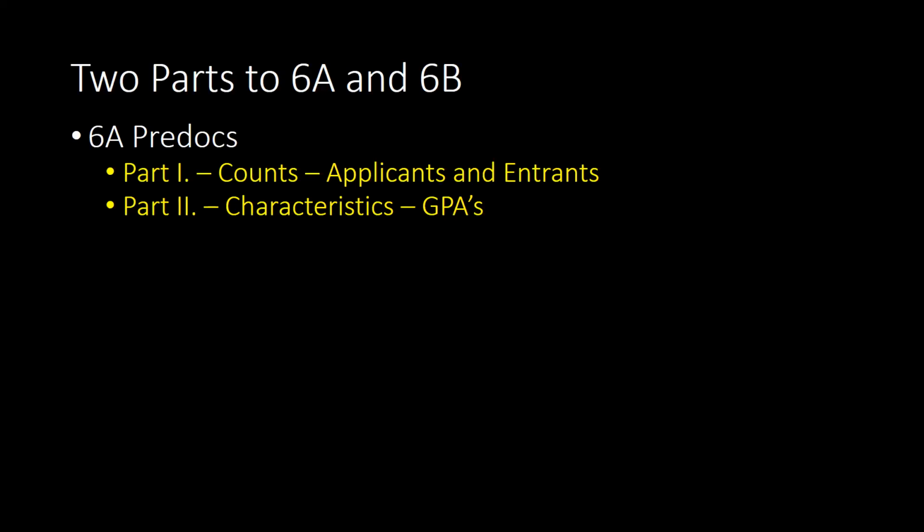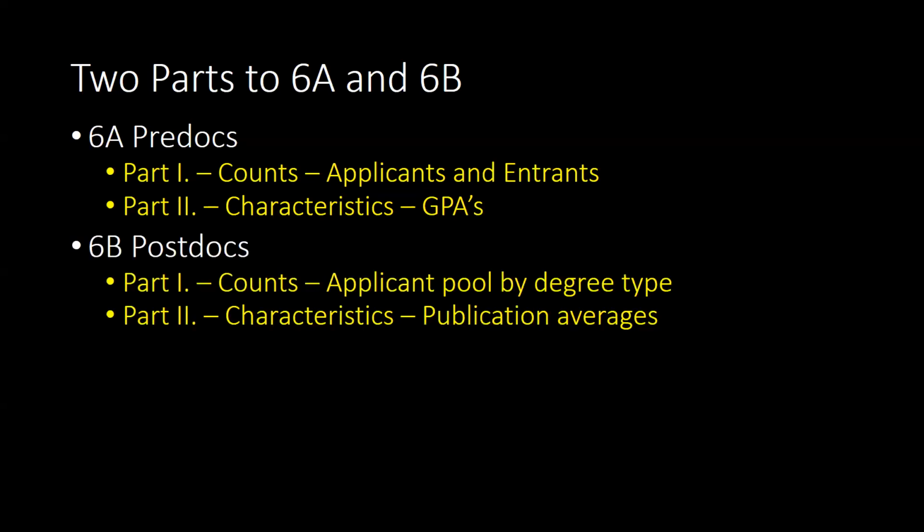So we have 6A, which is pre-docs, and then we have 6B, which is postdocs. Your pre-doc characteristics, they want a count of how many actually applied to your program, and then how many actually entered, the acceptance rate, and then GPAs, the averages and whatnot.